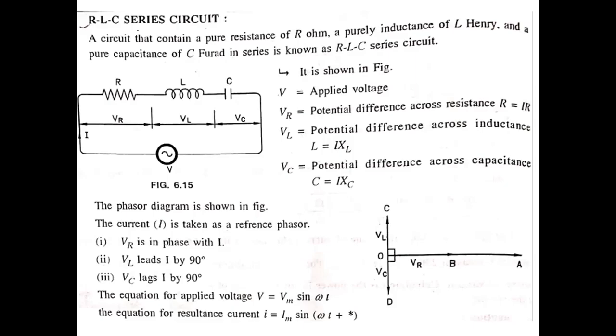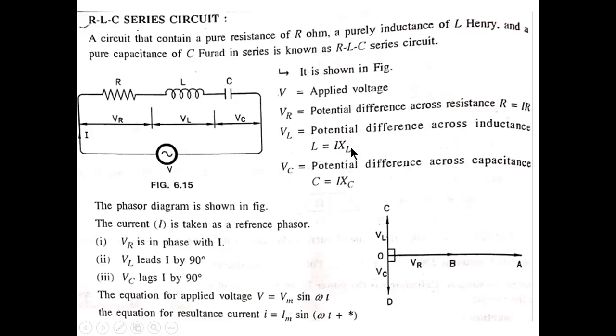In RLC series circuit, R, L and C, three elements are connected in series combination, that is connected across AC supply voltage V equal to Vm sin omega t. So in circuit, I is total current of the circuit, VR is voltage drop across resistor, it is given as I into R, VL is voltage drop across inductor, that is given as I into XL.